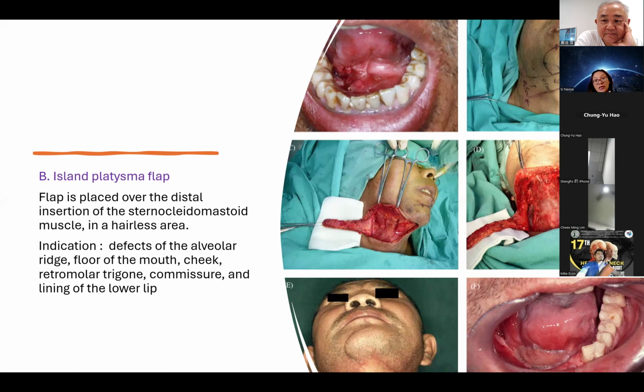For the indication, if you have a defect in the floor of mouth, then you can always rotate the platysma from the cheek to enter through the submandibular region, go up, and then you can reconstruct anything intraorally from the tongue, the cheek, retromolar trigone, as well as the lining of the lower lip if you need to reconstruct the lower lip.